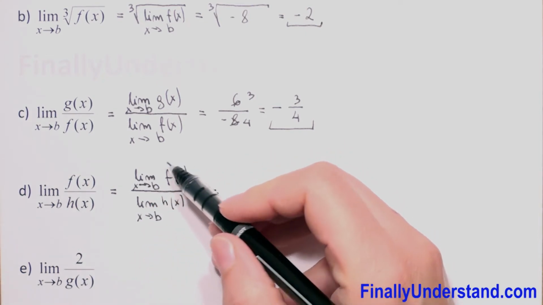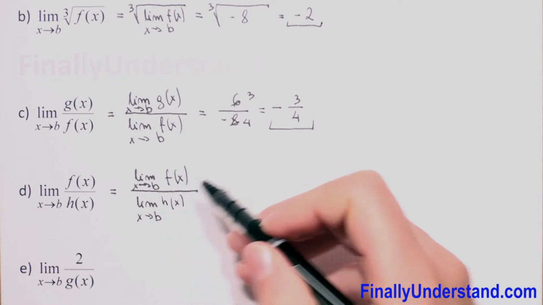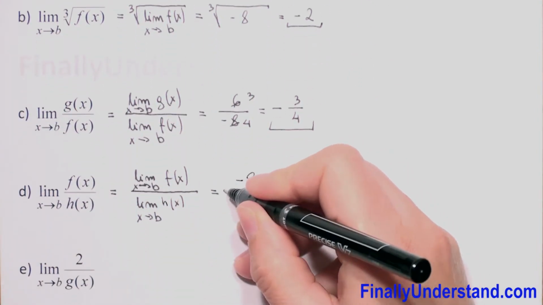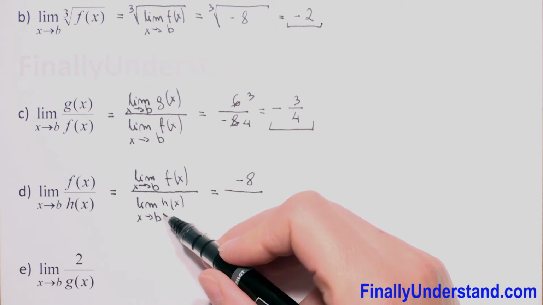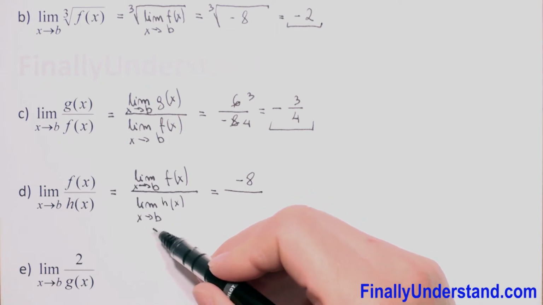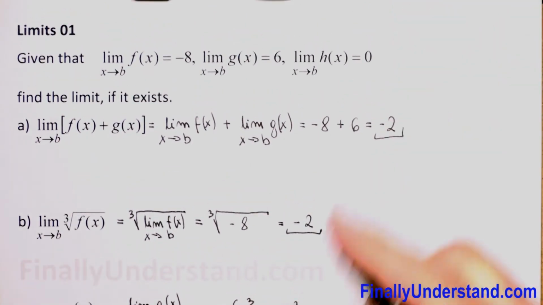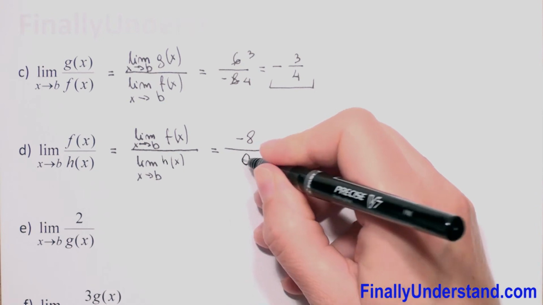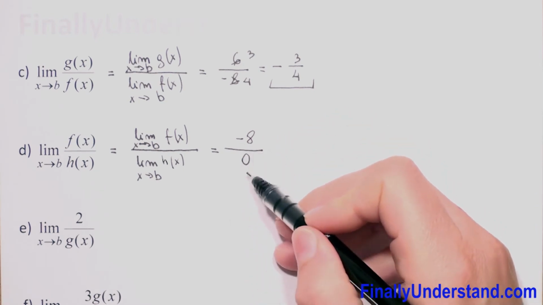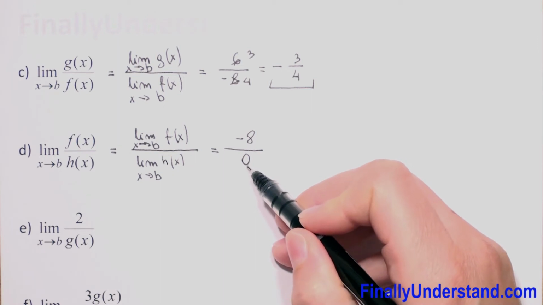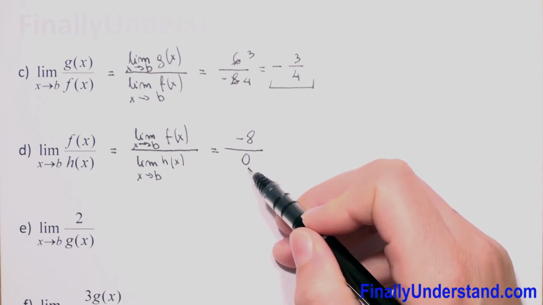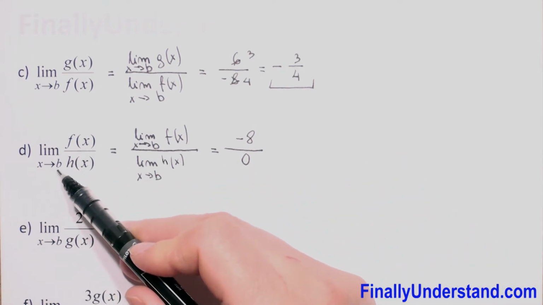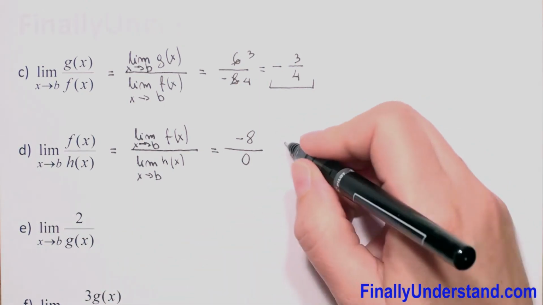Now we can replace the limit of f of x by negative 8 and the limit of h of x as x approaches b is, in our case, given as 0. So look what we have. We have negative 8 over 0. We know that we cannot divide by 0. So it means that the limit of f of x over h of x as x approaches b doesn't exist.